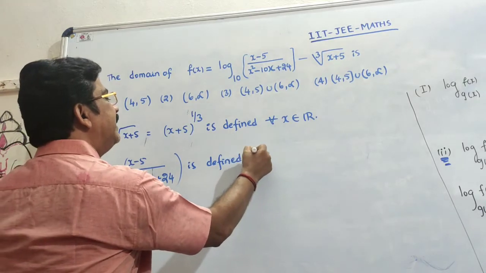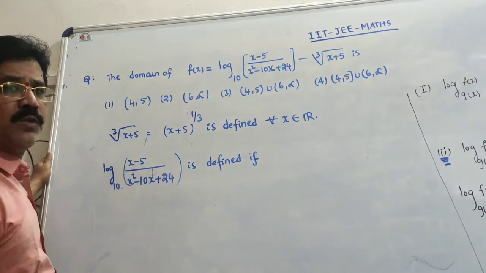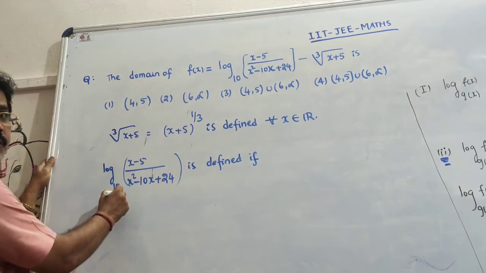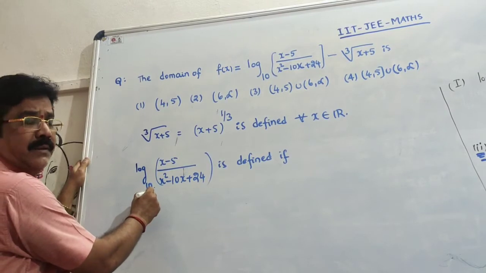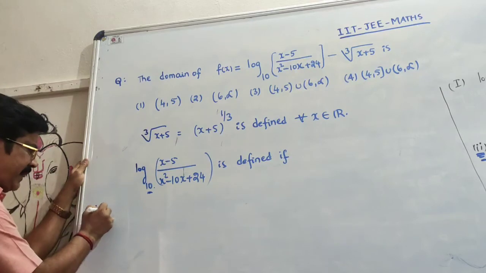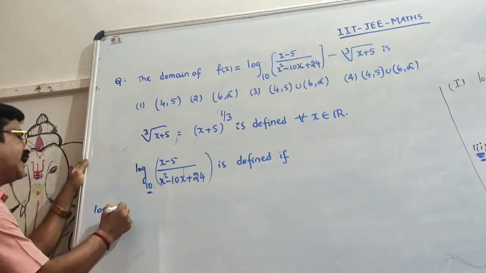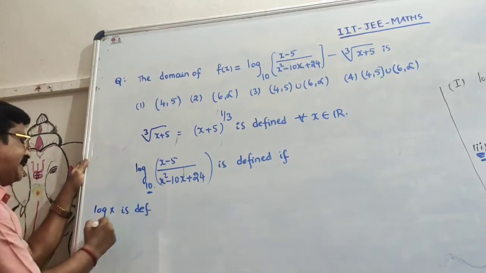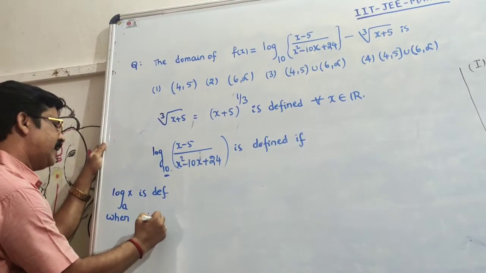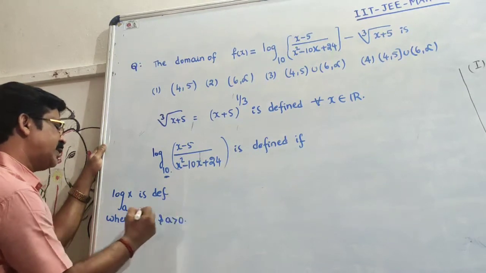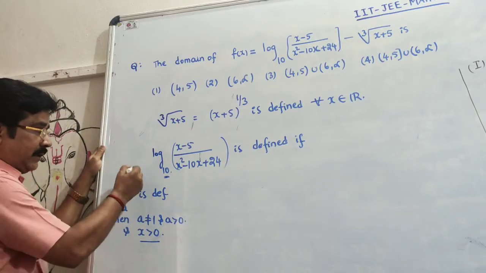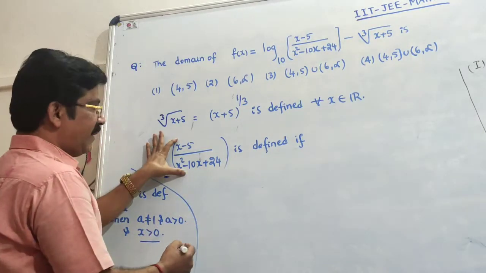As I already said, the definition: log x to the base a is defined when a is not equal to 1, a should be greater than 0, and x should be greater than 0. Just like that, instead of x, this function is there.